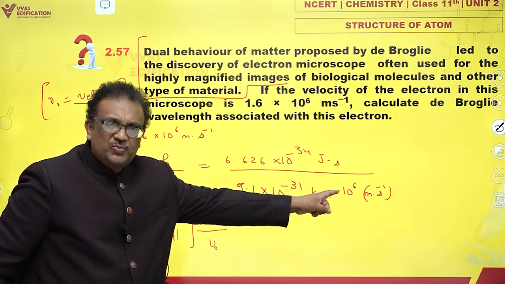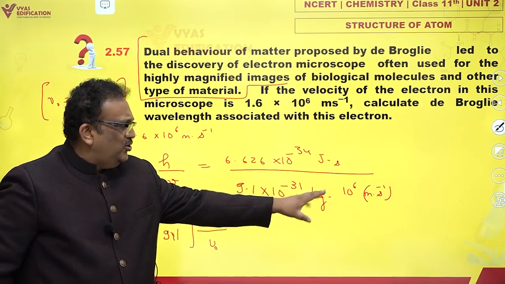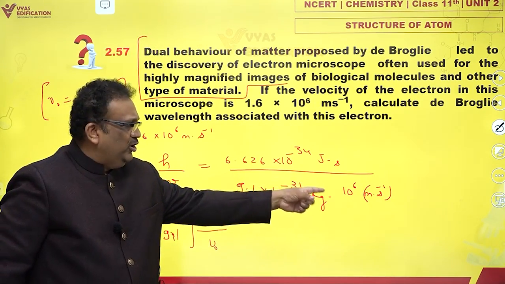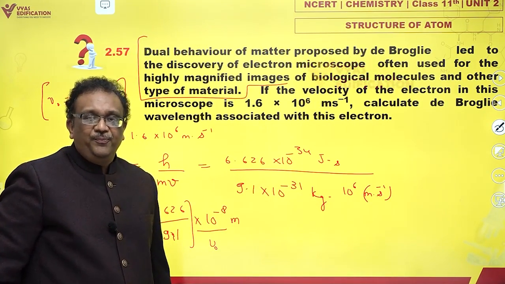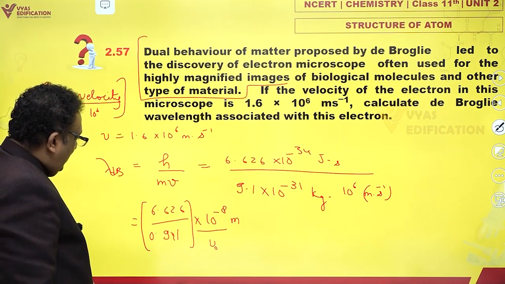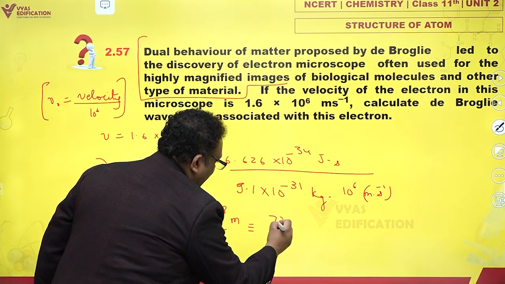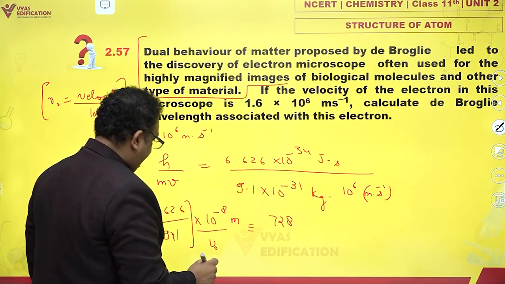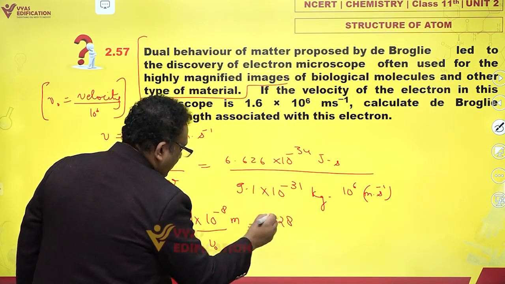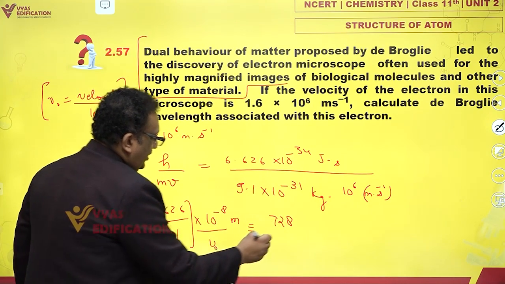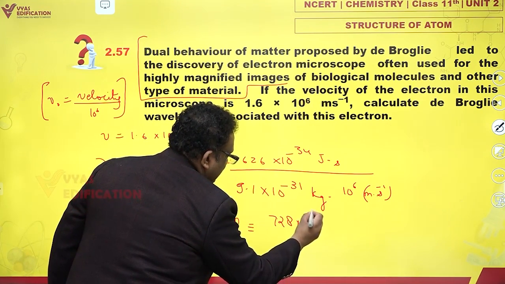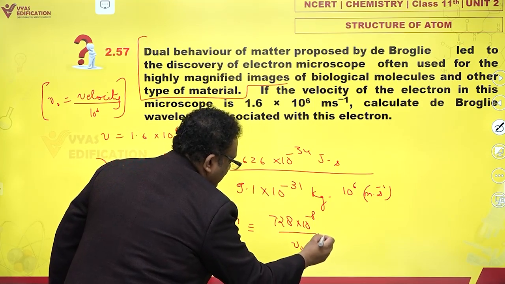I've used 10 raised to 6 because roughly this is the order of magnitude at which you will normally encounter the velocity of an electron. I just divide this and let you know the number. This is 7.28 into 10 raised to minus 8 upon V0 meters.